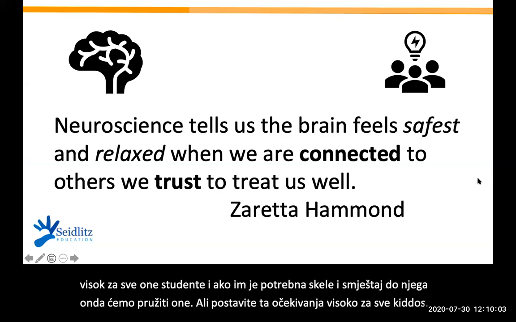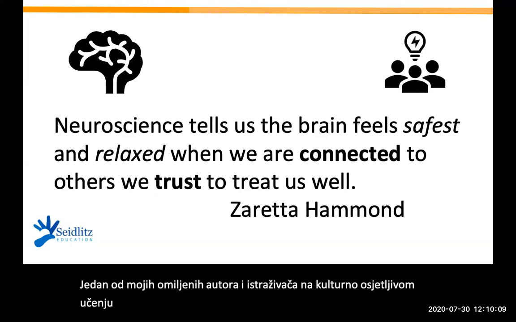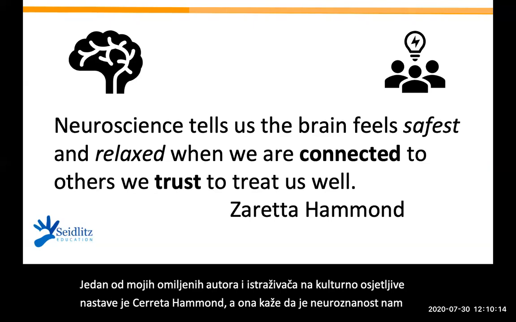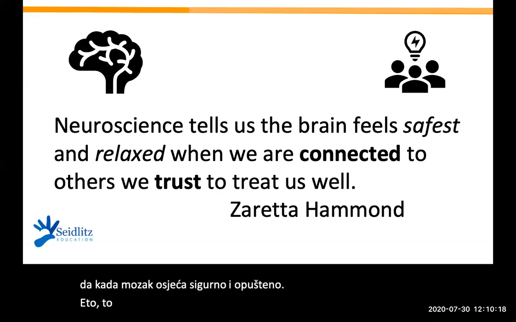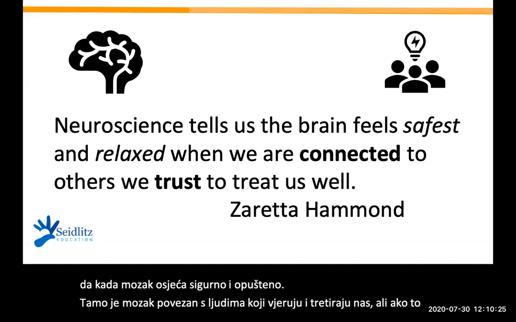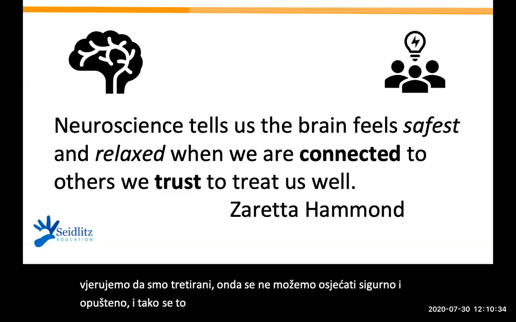One of my favorite authors and researchers on culturally responsive teaching is Zaretta Hammond. And she says that the neuroscience tells us that when the brain feels safe and relaxed, the brain is connected to people that trust and treat us well. But if we don't trust and know that we're being treated well, then we can't feel safe and relaxed. And so this applies really naturally to students in our classrooms.